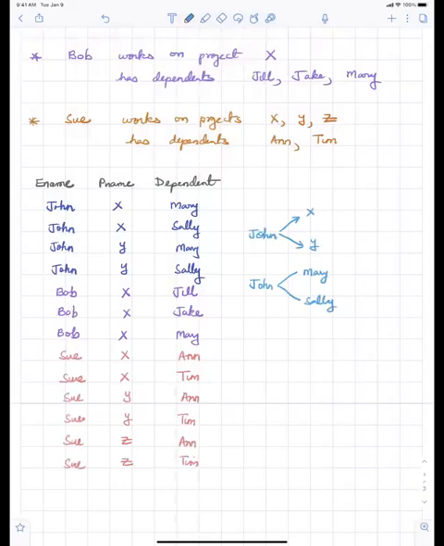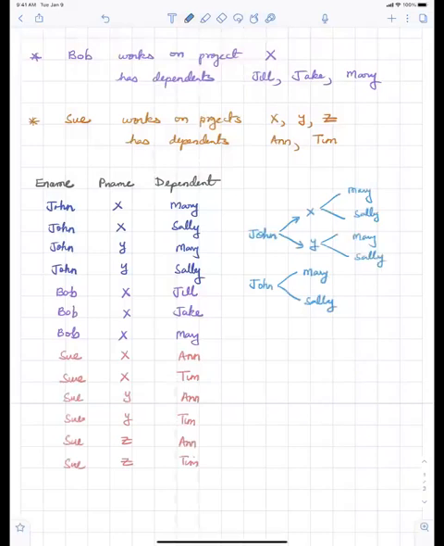But the problem is that there is something. It's not functional dependency, but there is a connection, because out here we have X, but you also have that if you have Mary and Sally out here, you know that you have to have Mary and Sally out here.